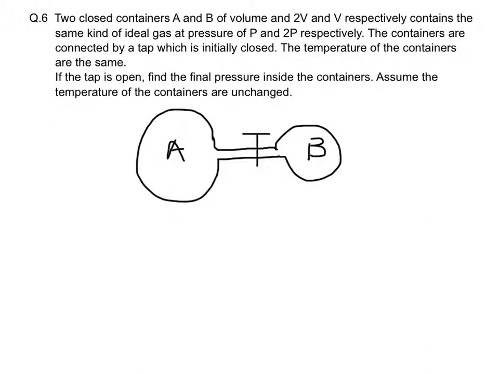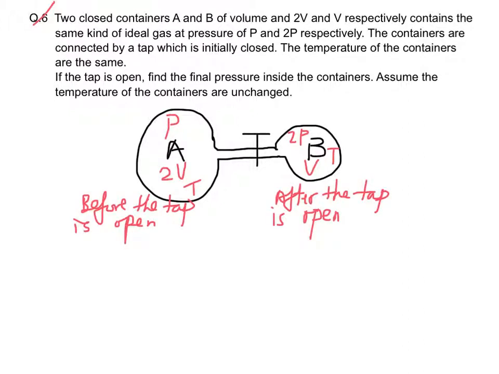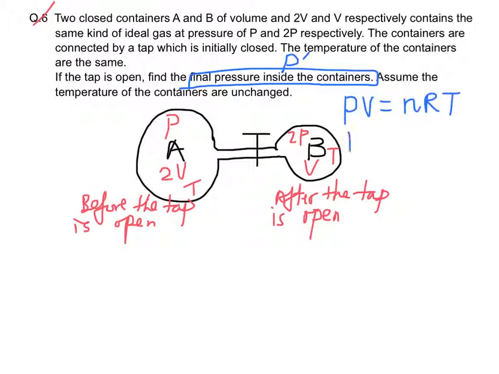Take some time to read question number 6. We let the final pressure inside the containers to be P'. By the equation PV equal to nRT, we got number of mole of gas equal to PV over RT.